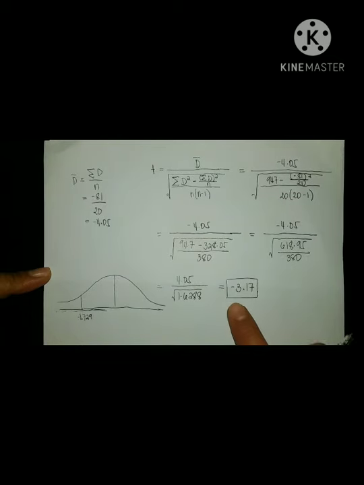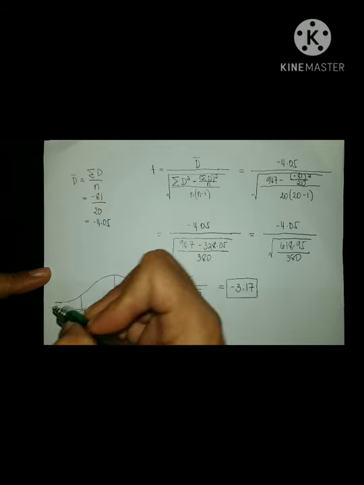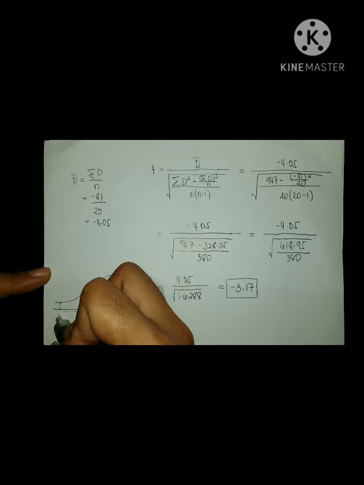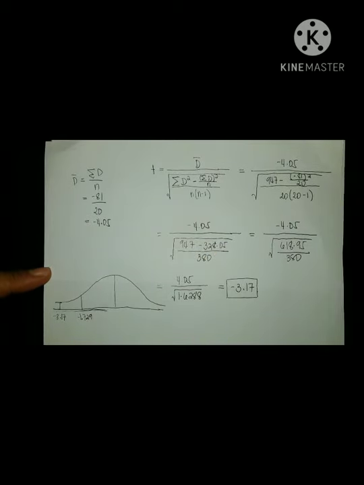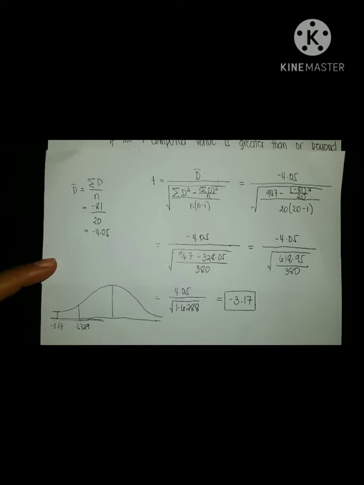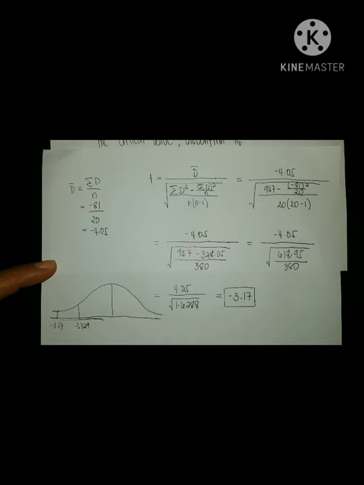Then let us locate negative 3.17. Most probably negative 3.17 will fall beyond negative 1.729. Since it goes beyond the tabular value, therefore we are going to disconfirm or reject our null hypothesis.